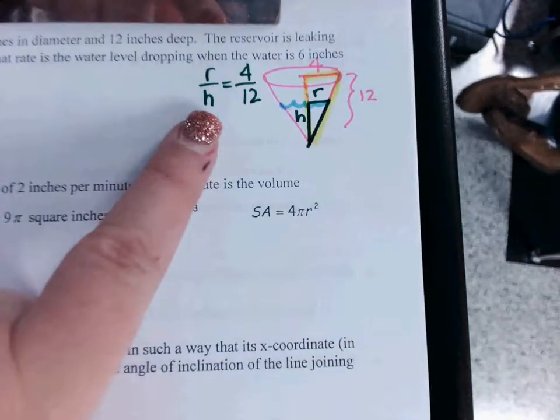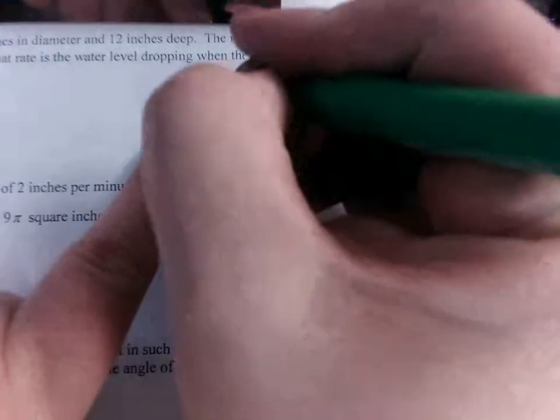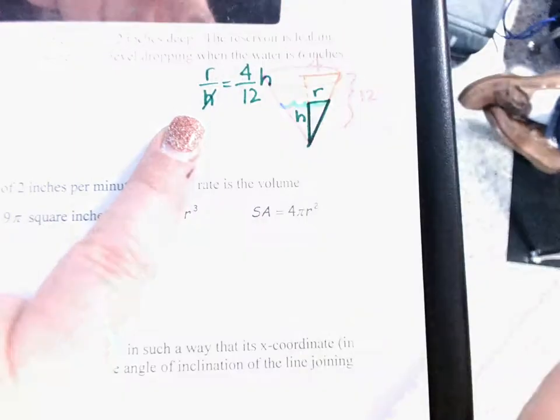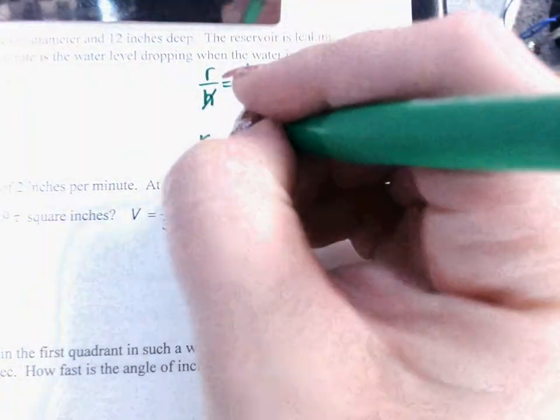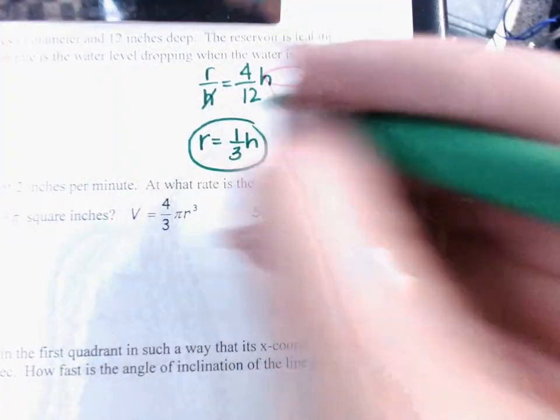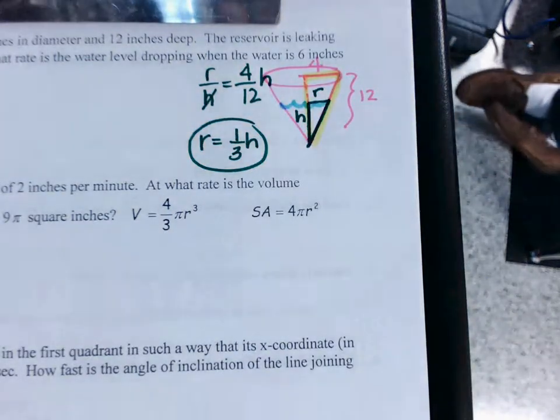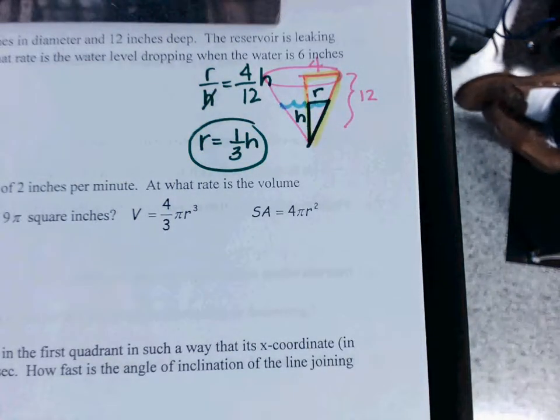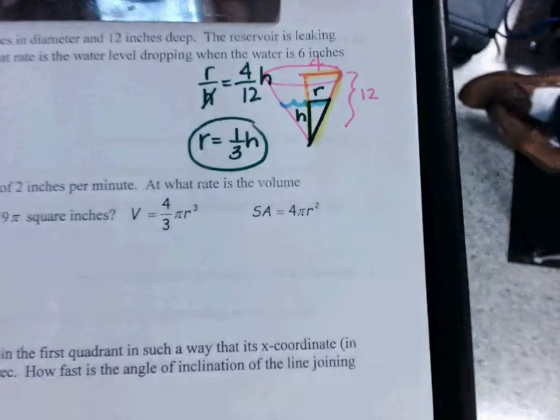So I'm going to take my h here, I'm going to multiply it across to the other side. So now r equals, instead of 4 over 12, I'm going to reduce that to a third h. And then I'm going to use this as a substitute into my original equation so that I don't have any more r's in there. Okay?